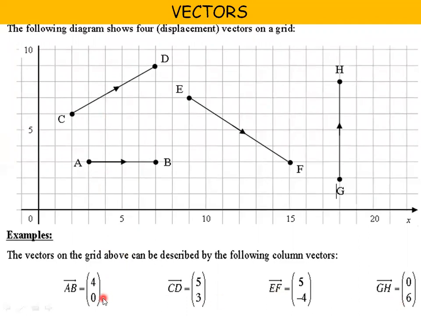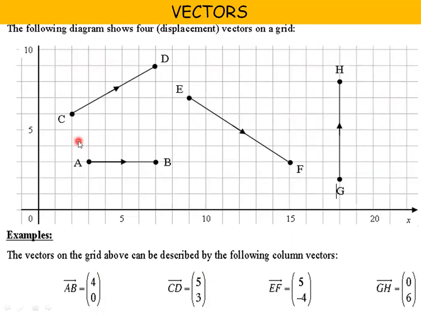This representation shows a number on top and a number at the bottom. The number on top is the movement in the X direction, which could be to the right or to the left. The number at the bottom describes the movement in the Y direction, which could be up or down.